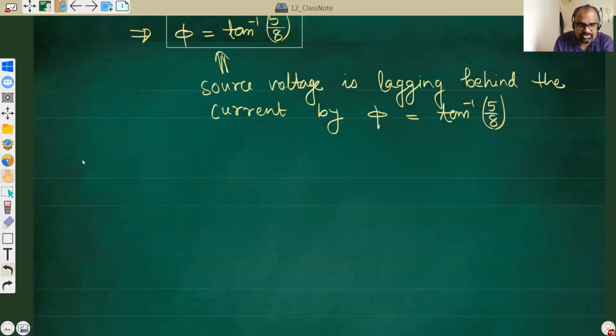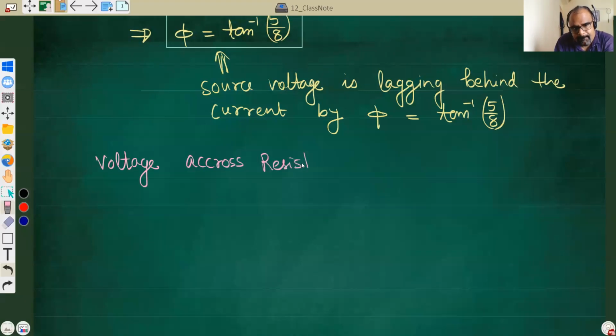So let me do that. The voltage across the resistor, that means VR, is I into R. Now I was 400 root 89, we had calculated. How had we calculated I?